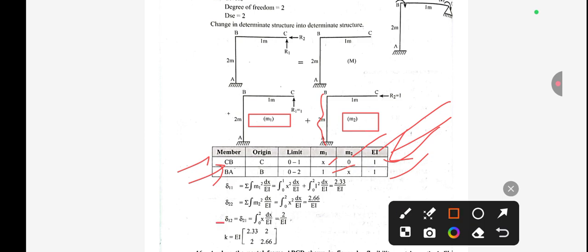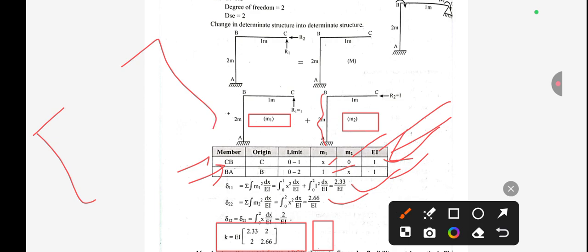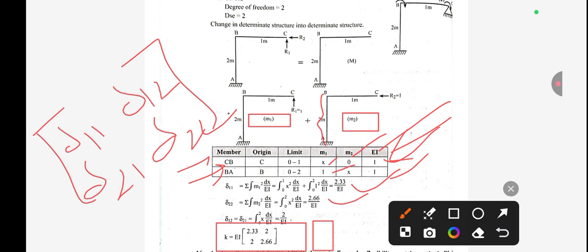So we get the value of k equal to EI times the matrix with 2.33 as we calculated, and 2.66, and these two off-diagonal values are equal, delta 12 and delta 21. Written in matrix form, this is delta 11, delta 12, delta 21, delta 22, as you can see in this figure. After calculating all these values, we finally get this matrix.